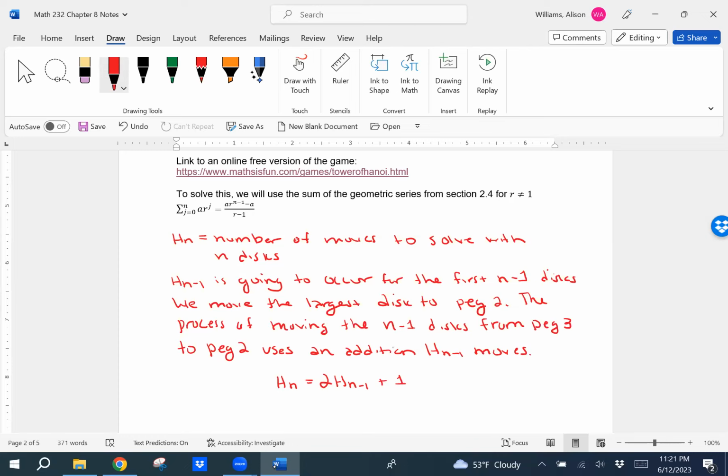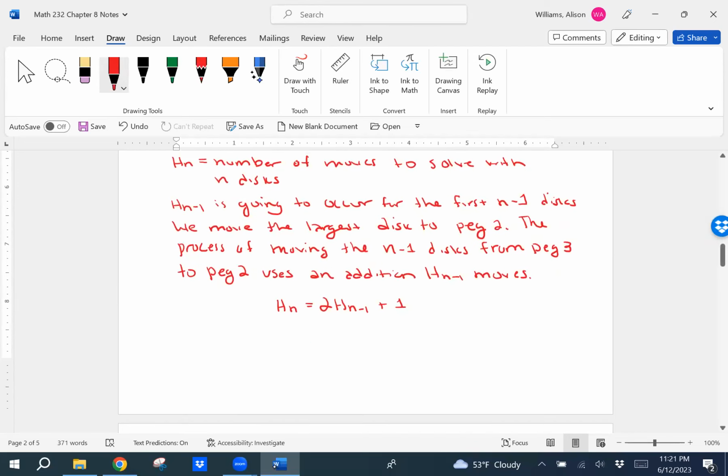So here's what we're going to do. We're going to take this basic formula and build it into itself backwards. So I'm going to shift this over so I hopefully have enough room. H sub n equals 2 times H sub n minus 1 plus 1.